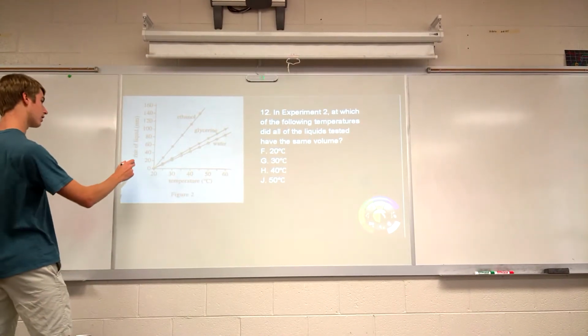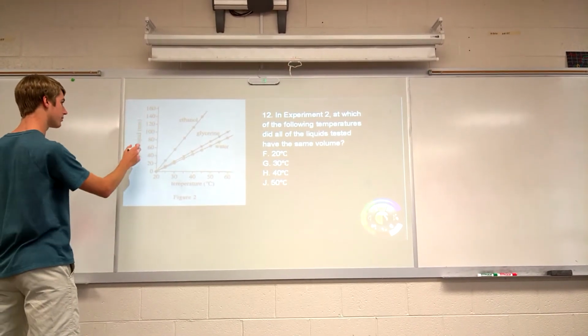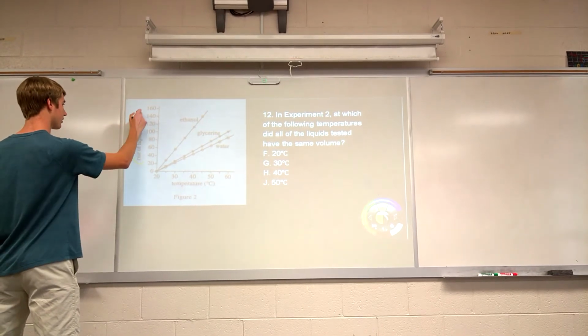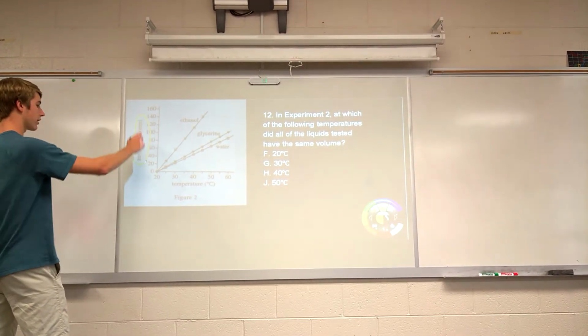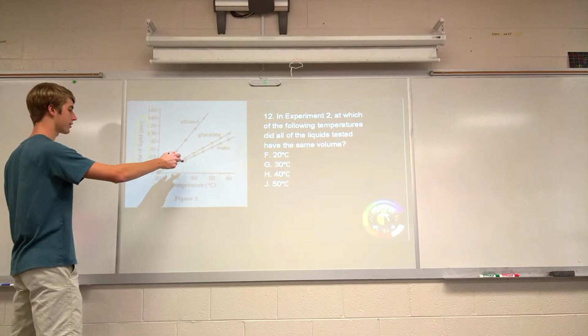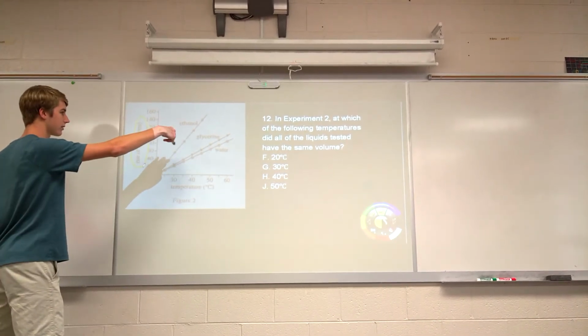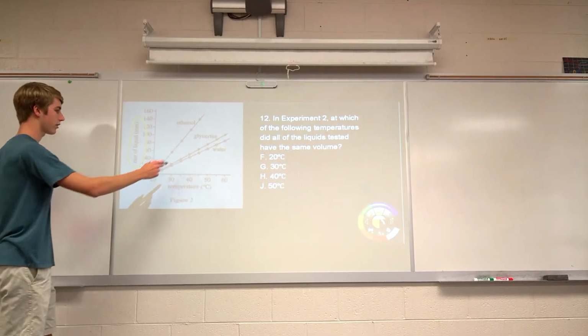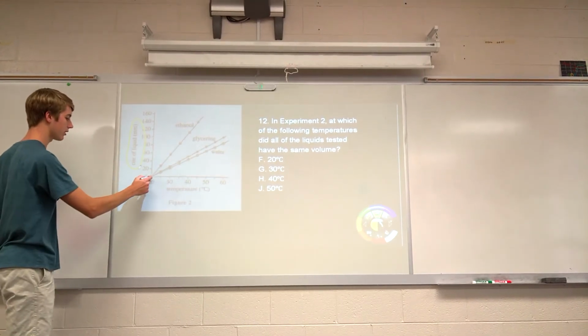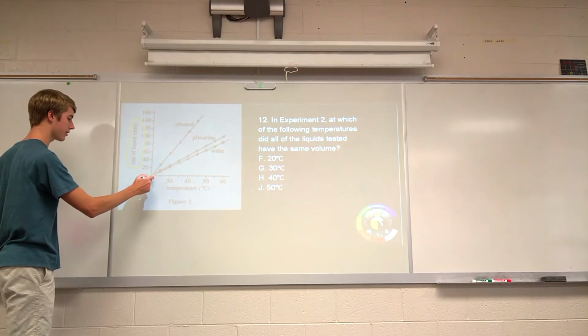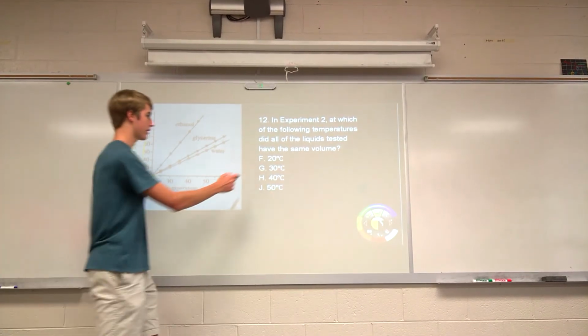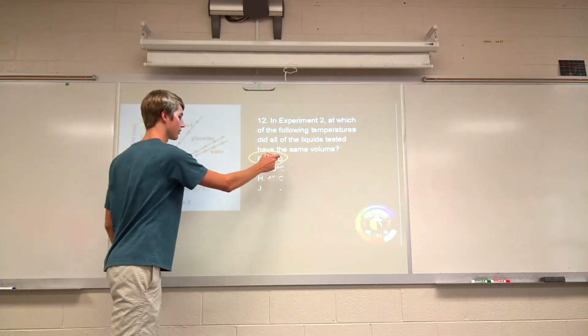So rise of the liquid in millimeters, that is like volume, so we're looking for a value of temperature where this is the same for every graph, or every liquid. So where they're all the same is right here, and that temperature is 20. So our answer is 20 degrees Celsius.